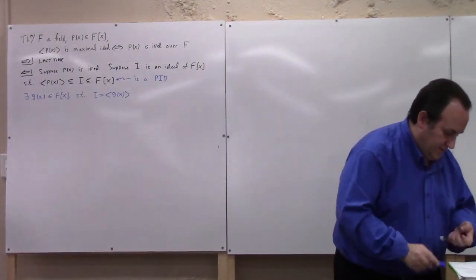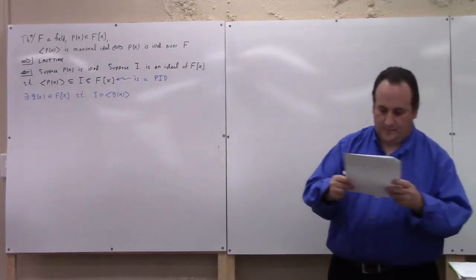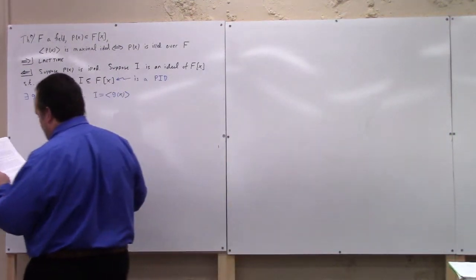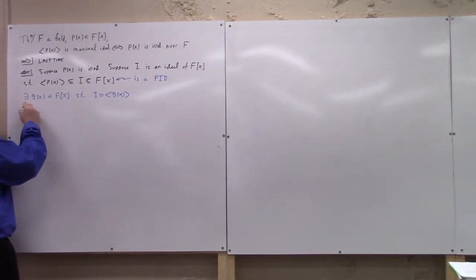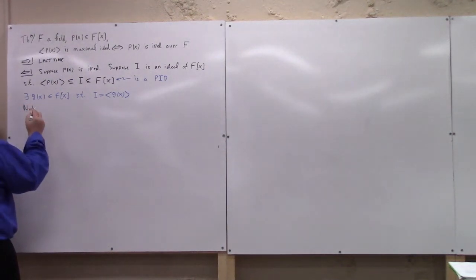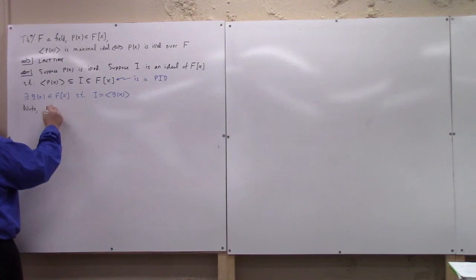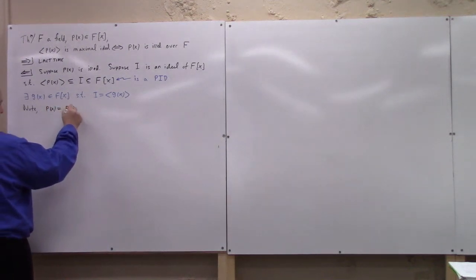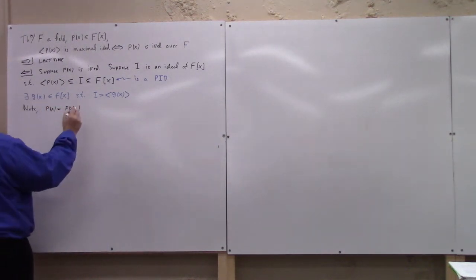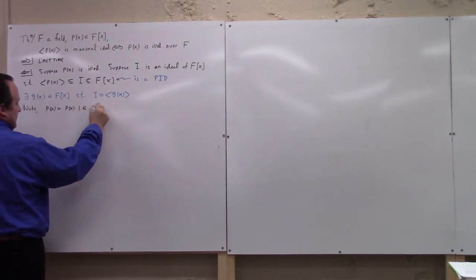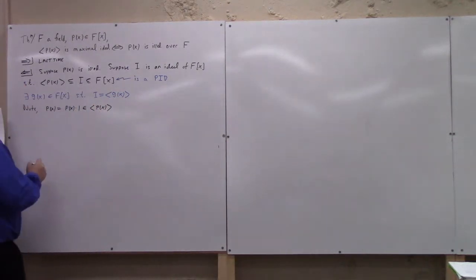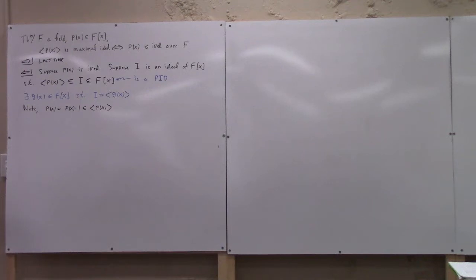Then notice that P of x is equal to P of x times 1, so that means it's an element. This is a general step made in a lot of these proofs: if you have the ideal generated by an element, the fact that the element is an element of that ideal is often part of the argument. Here it is for this one.